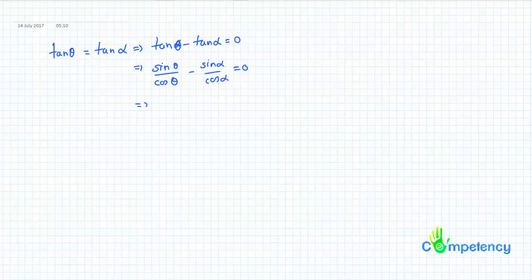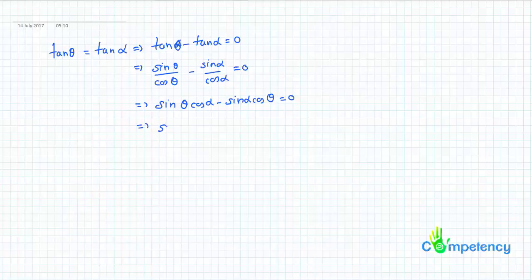So that means sine theta cos alpha minus sine alpha cos theta equals 0, as the denominator, if it comes to the right hand side, will become 0.